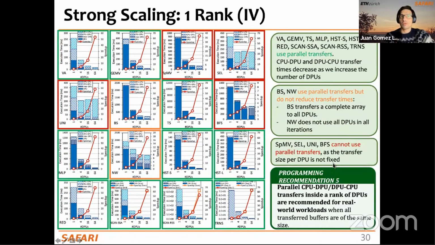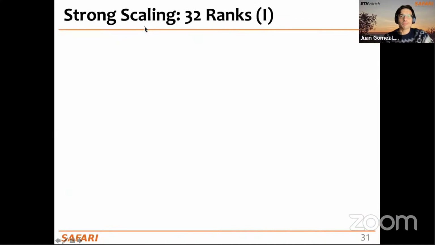This is, let's say, an obvious programming recommendation that we could have given last week after observing the sustained bandwidth for parallel and serial transfers and broadcast transfers and so on. But here you can see the actual effect of the parallel transfers or the serial transfers for the different benchmarks.